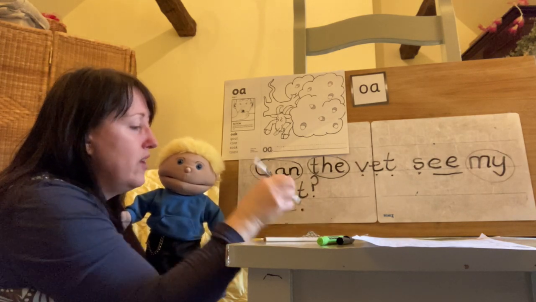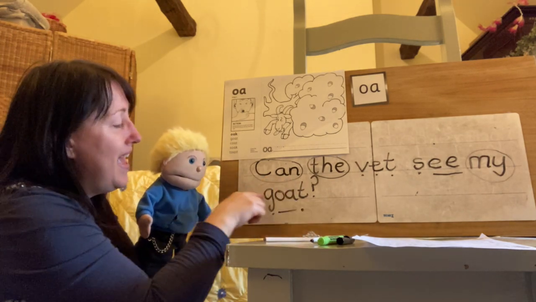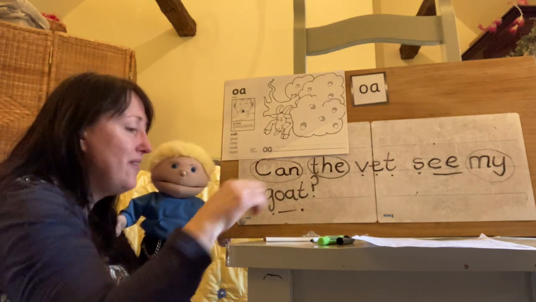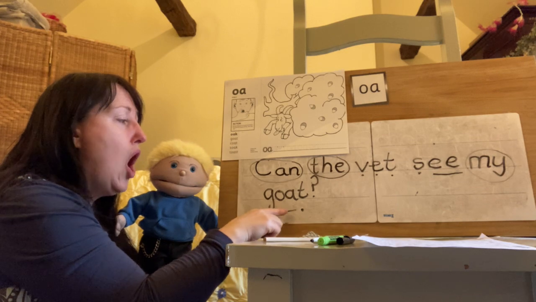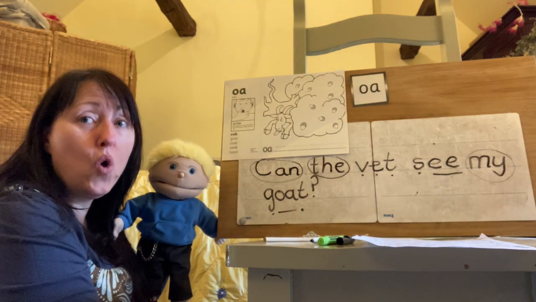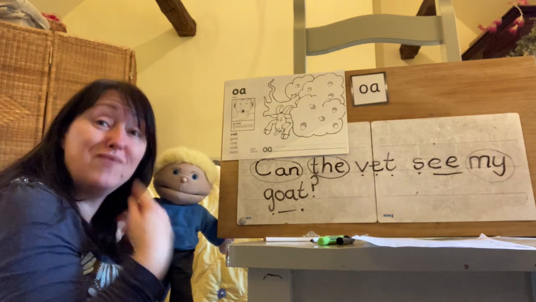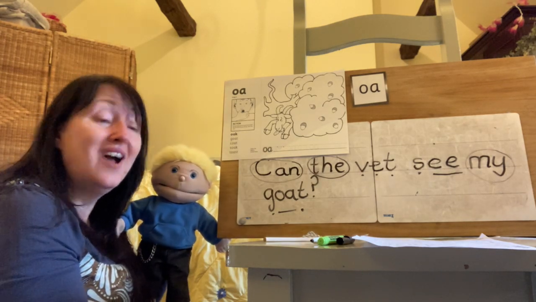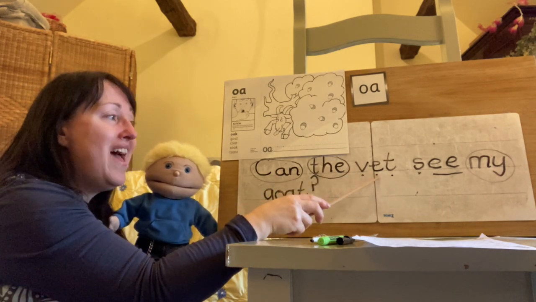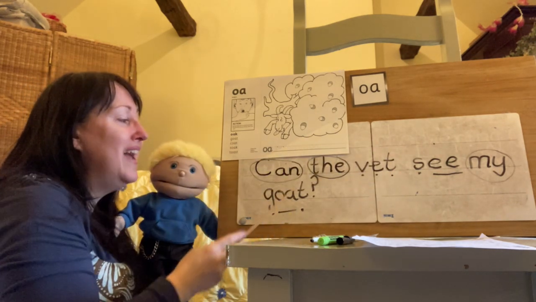Oh, look, Fred. It's our new digraph. Goat. Oh, we read that word earlier, didn't we? Right, let's reread our sentence. Can the vet see my goat?